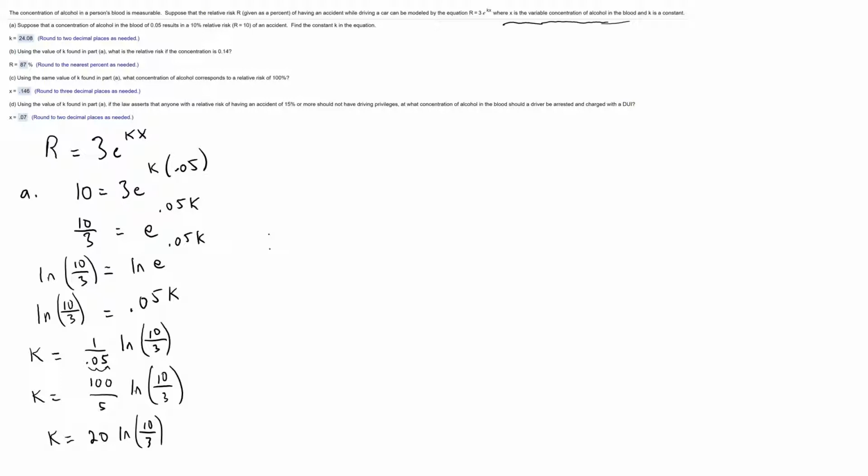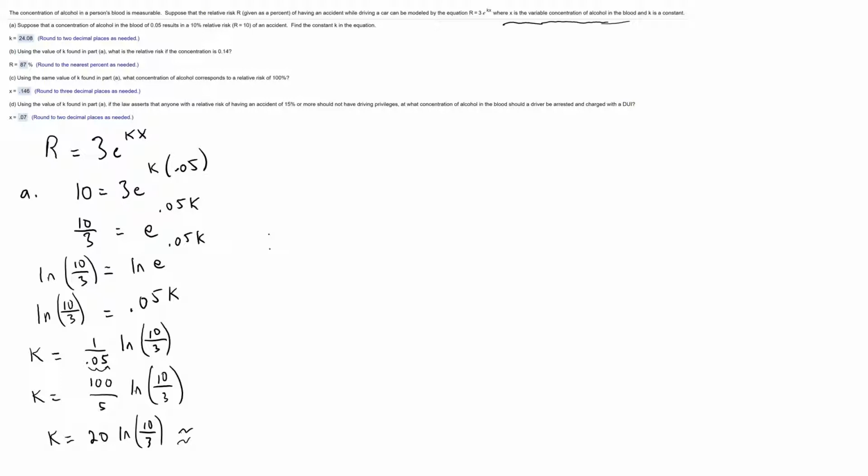Looking at part A, though, it actually wants me to round it to 2 decimal places. Since they wanted me to round K, it's not essential at all to convert 1 over 0.05 into 20. I just did that to make it look nicer. But especially since they want me to turn K into a decimal anyway, it doesn't matter.